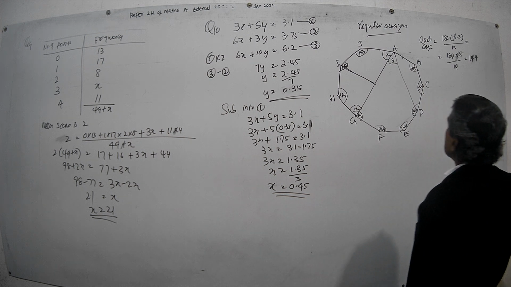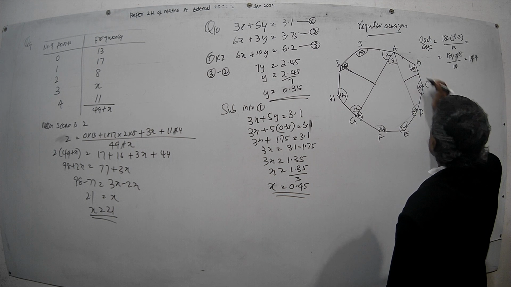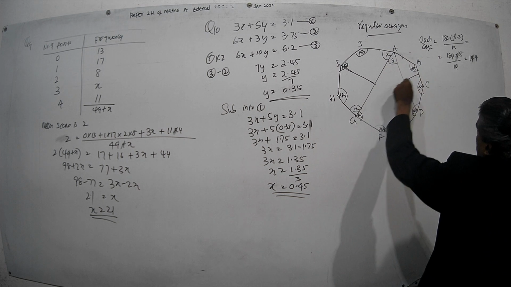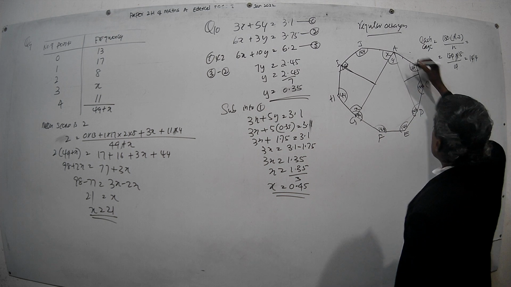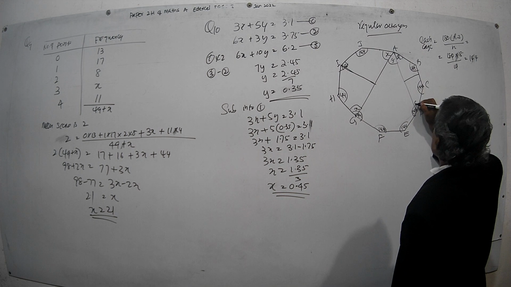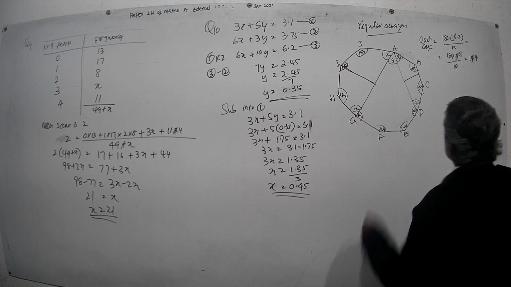Now here, if you take the midpoint and join, this part is again symmetrical along this line. Therefore, if this is some value a, this is also a. Now we can find this a value.